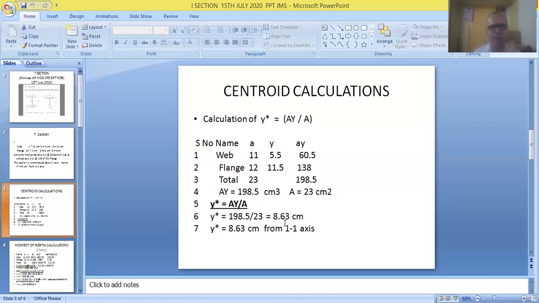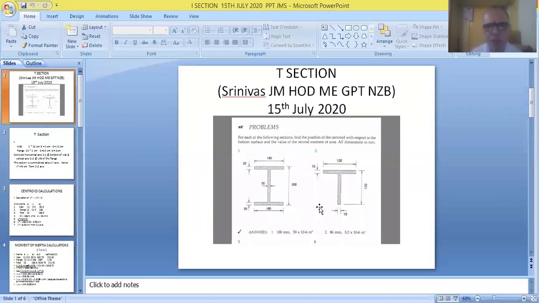8.63 centimeters. Now, this has to be measured in the vertical direction from 1 axis. So we have taken 1 axis in this region. You measure the value of 8.63 in the vertical direction, and somewhere you will get the position of Y bar at this point.